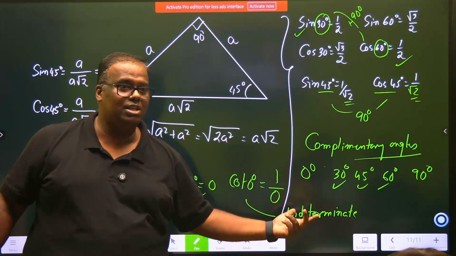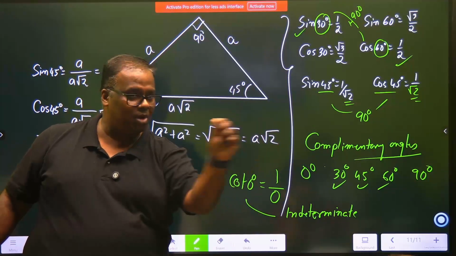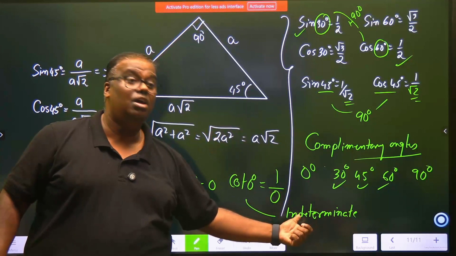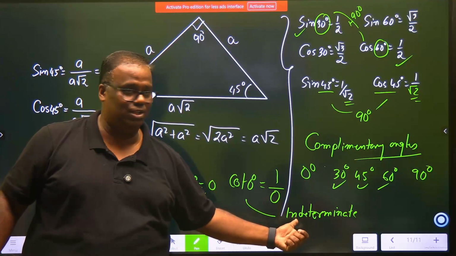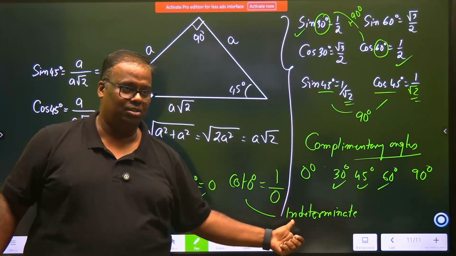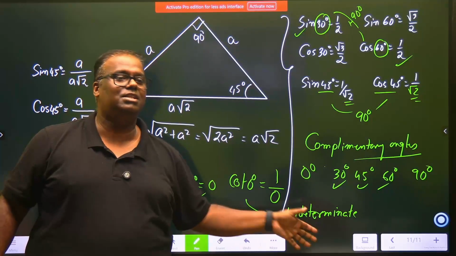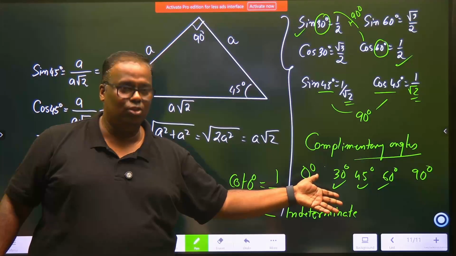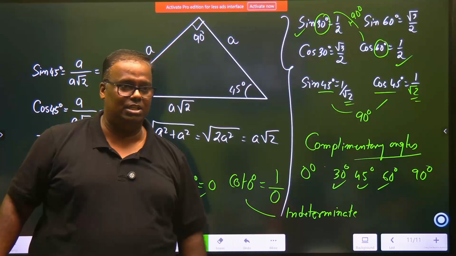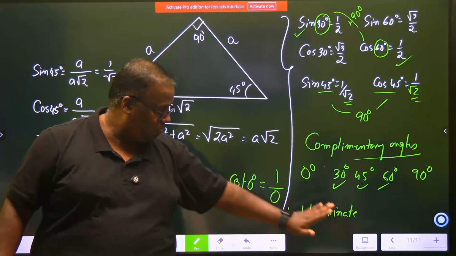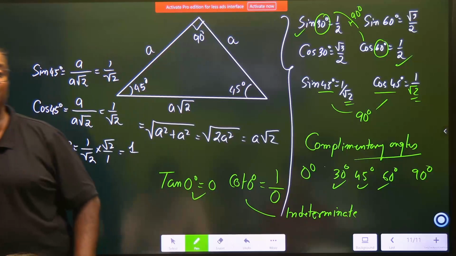Determine means find out. In Hindi we say aparibhashit: paribhasha means definition, so you have no definition for this. Indeterminate. That is taken to be ND, not defined, or as infinity. Anything divided by 0 is, in pure mathematics, called indeterminate form.